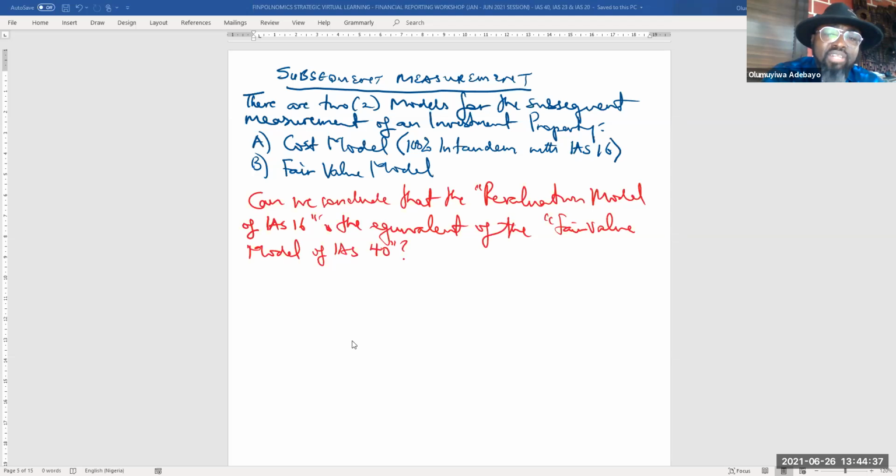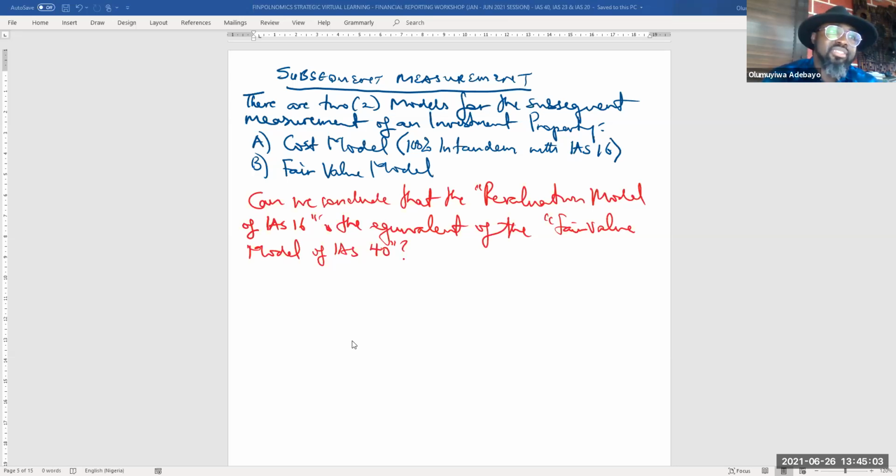Now, the fair value model and the revaluation model will necessarily give the same value to be recognized at the reporting date for the investment property. But they have more differences than what is common between them.